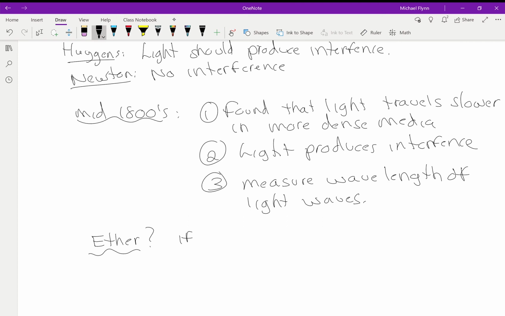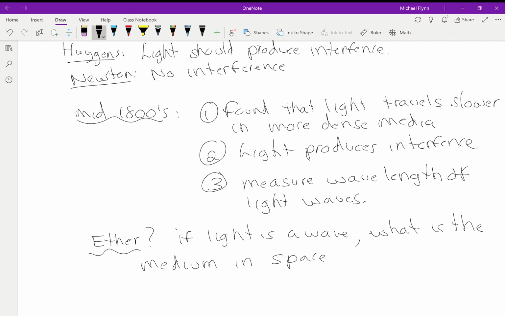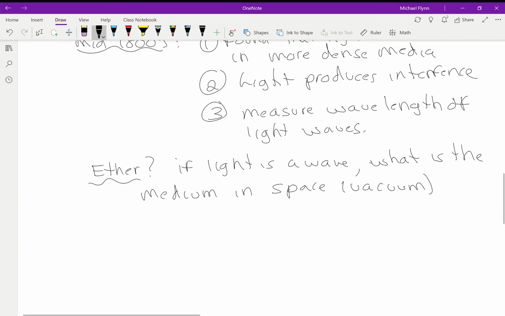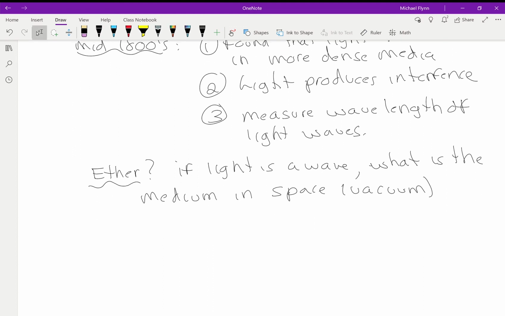If light is a wave, what is the medium in space where there's a vacuum? All other waves, sound waves, water waves, and so on, could not propagate through outer space. You have to have a medium of some kind. But there is no medium in outer space, but light makes it through space, no problem, right? In fact, that's how it gets from the sun to the earth. So how do you explain it?